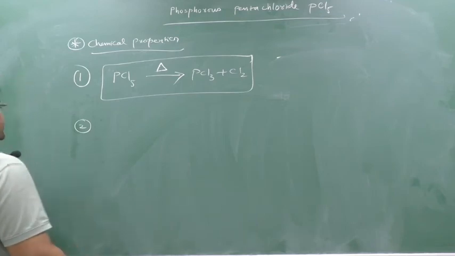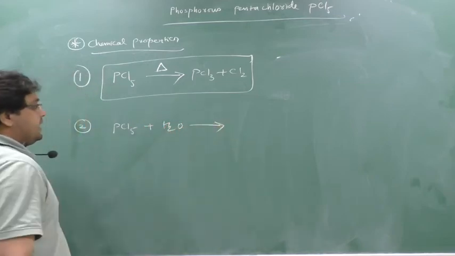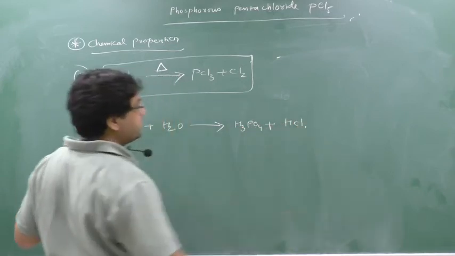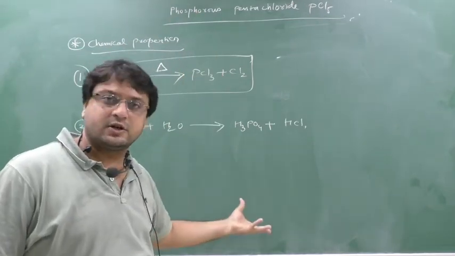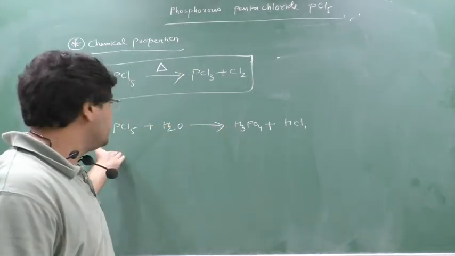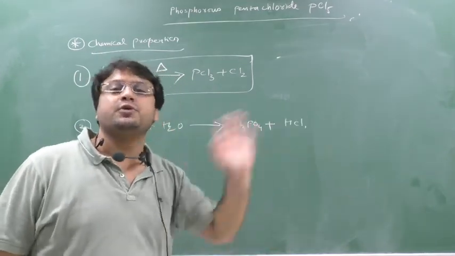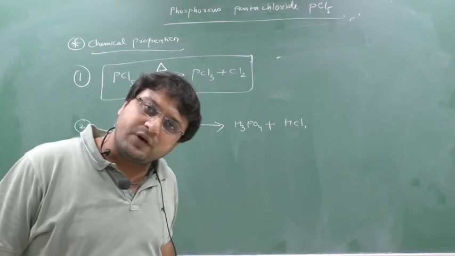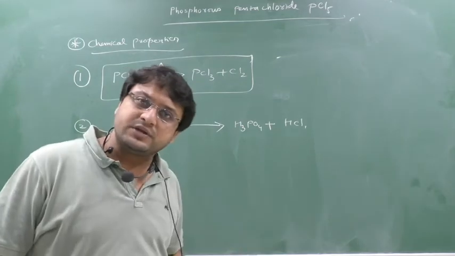See, PCl5 will react with H2O, which means the moisture present in the air, and it will form H3PO4 plus HCl. Clear? Now see here, students. In PCl3, H3PO3 was formed, phosphorus acid. Lower number of chlorine gives the lower acid. Here higher number of chlorine gives the higher acid. So remember, PCl3 on hydrolysis gives H3PO3. PCl5 on hydrolysis gives H3PO4.